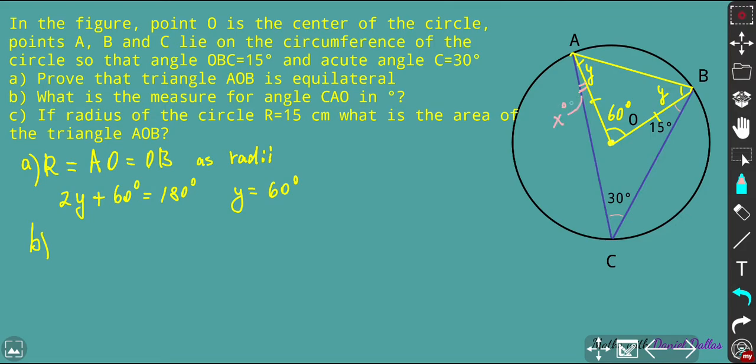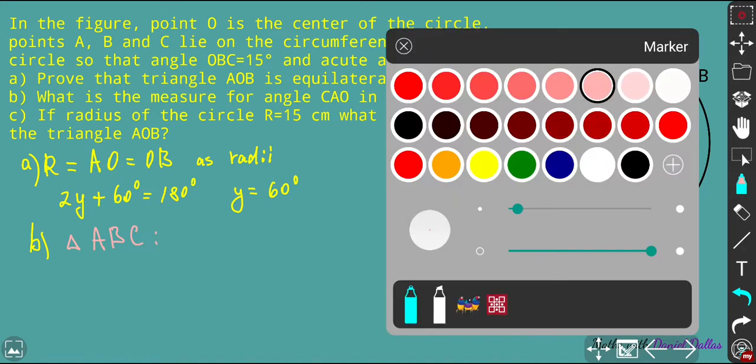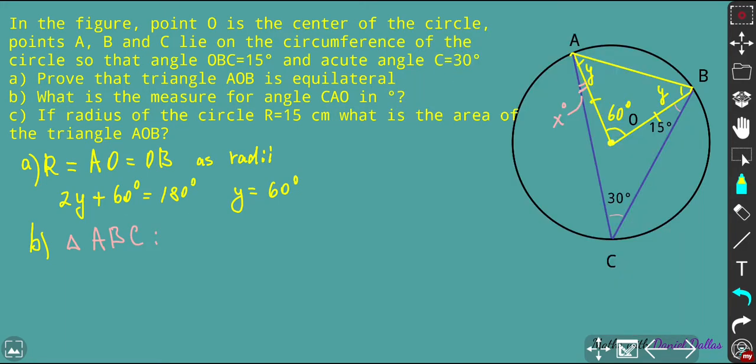And what we can do, we can consider triangle ABC, the big one, and complete the sum of all three angles. So angle A is represented by X plus Y. That's angle A.